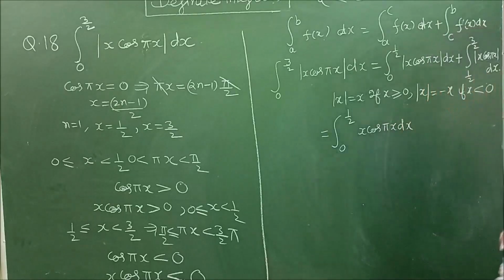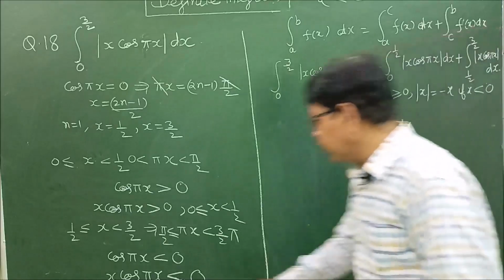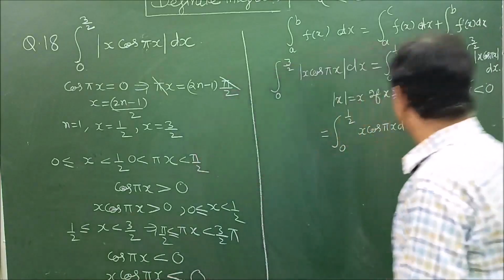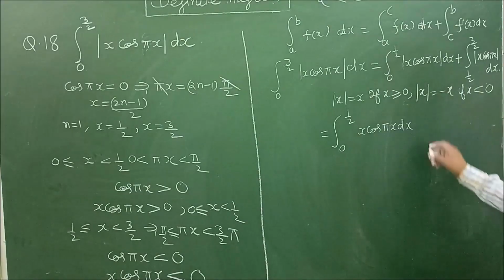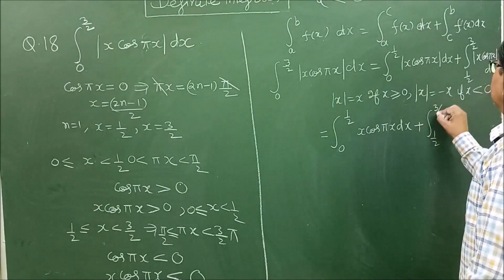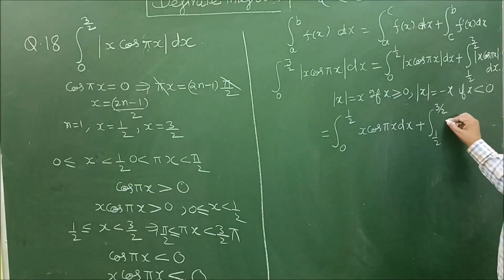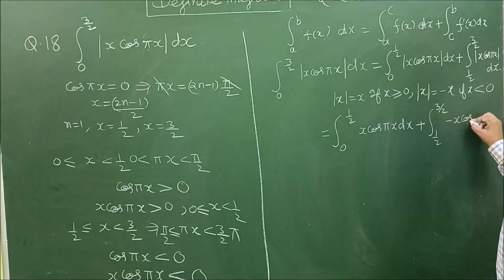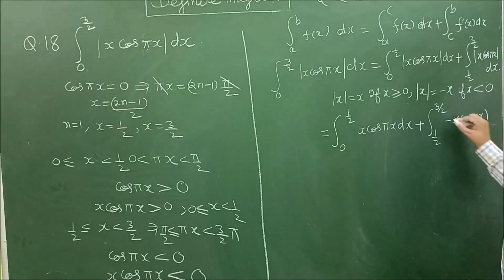And from 1 by 2 to 3 by 2 the value of x cos pi x is negative, so using this property here we can write 1 by 2 to 3 by 2 minus x cos pi x dx.